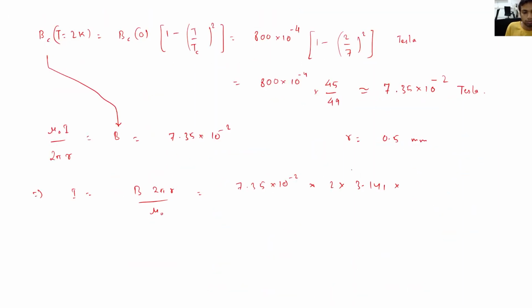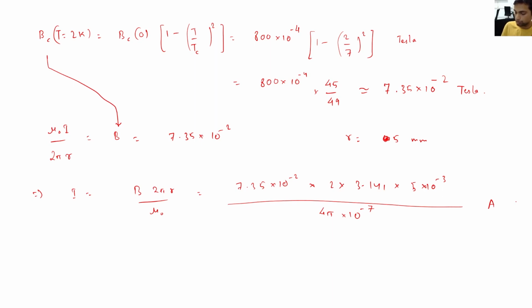So it is 5 millimeter. So it is 5 into 10 to the power minus 2 meter divided by 4 pi into 10 to the power minus 7. So this should be in ampere.